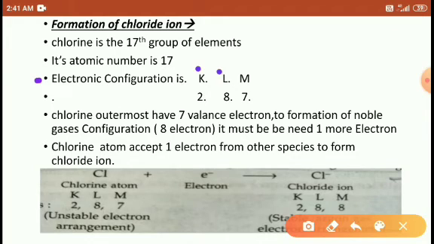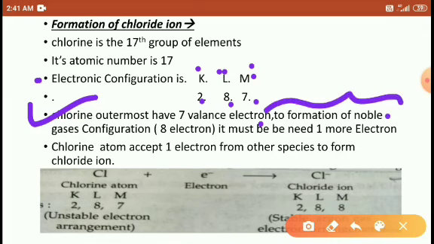Electronic configuration is KLM. K contains 2 electrons, L contains 8 electrons, M contains 7 electrons. The chlorine outermost shell has 7 valence electrons. To form the noble gas configuration, or 8 electrons, it must gain 1 electron. M contains 7 electrons, which are the outermost valence electrons.